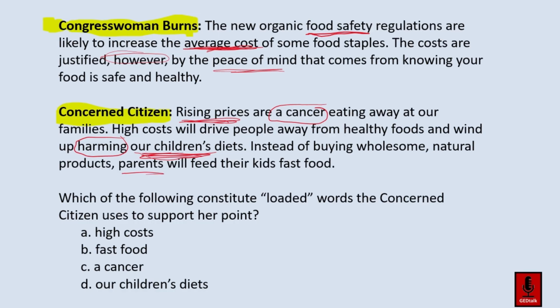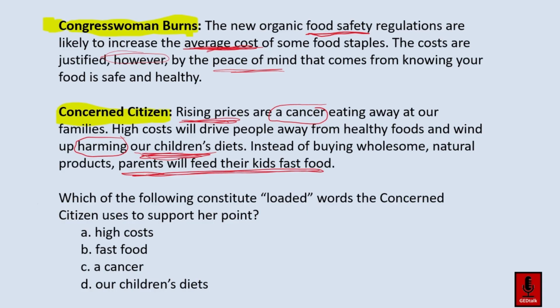The way I'm reading this last sentence, especially this last part, is the concerned citizen saying, you raise those prices, it's your fault when the kids are unhealthy because the parents have to buy them fast food. So if we were to say, who won this battle, GED talk lady, it would definitely say the concerned citizen, with the fact that they were mindful of word choice, basically shared their point of view in a very strong way.